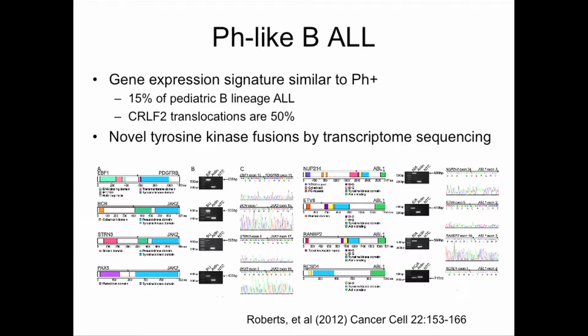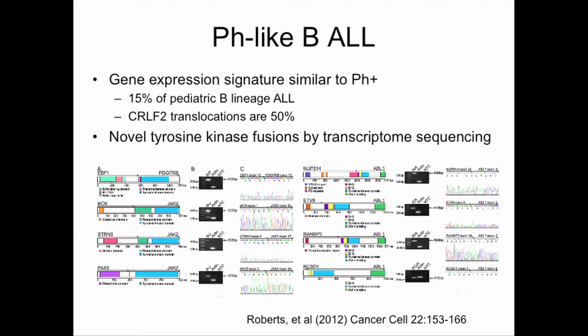More detailed genetic examination of this particular subset has revealed that the cause of these underlying gene expression signatures is the presence of novel tyrosine kinase fusions. This has been identified by transcriptome sequencing. A certain subset of these involve the ABL1 locus, similar to what we see in the Philadelphia chromosome, but they have different partners.